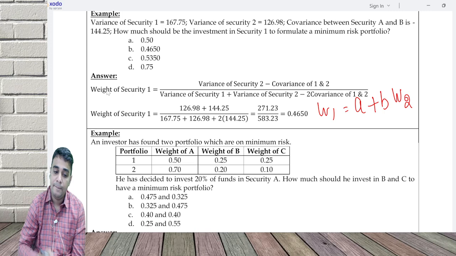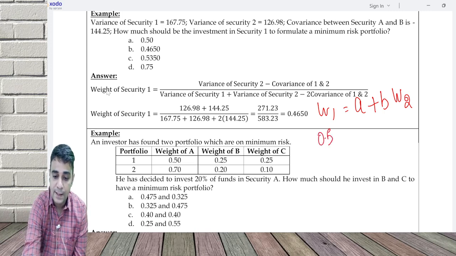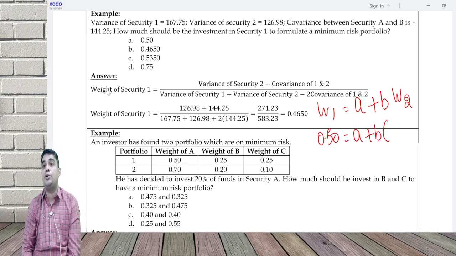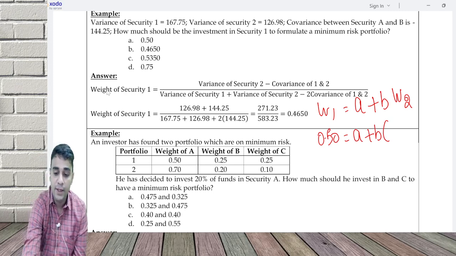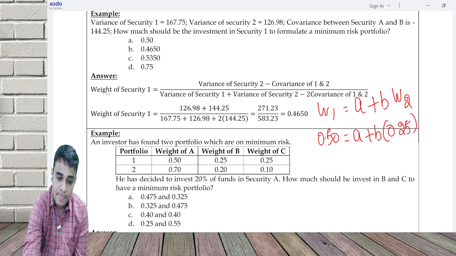What is the weight of A? 0.5 is equal to A plus B into, what is the weight of security 2, which is the third security? 0.25. 0.7 is equal to A plus B into 0.1.